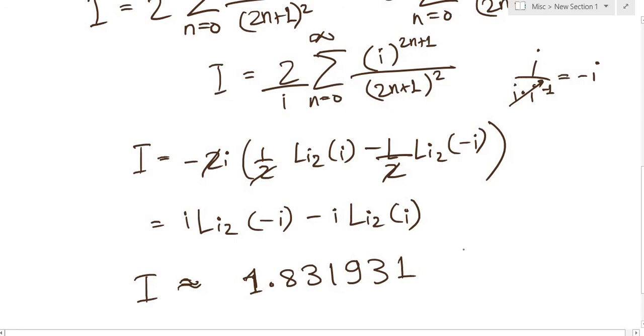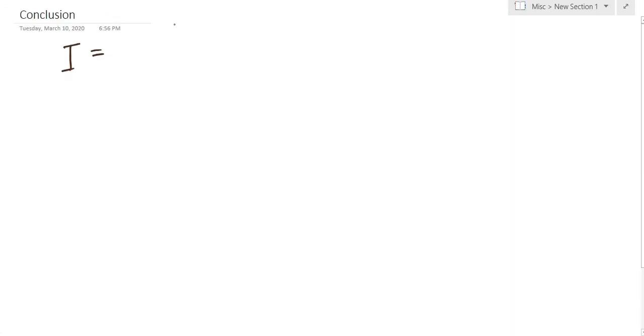Yes, it's a weird answer, but let me give you some more depth on this. So we got capital I to be i times the dilogarithm of negative i minus i times the dilogarithm of i.